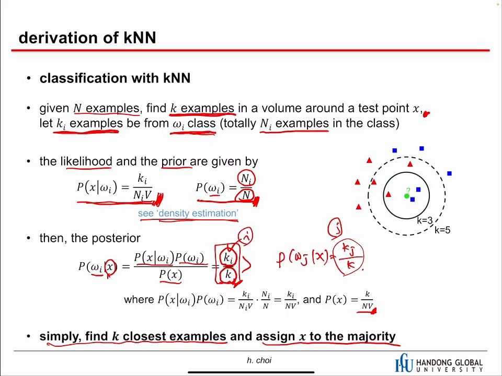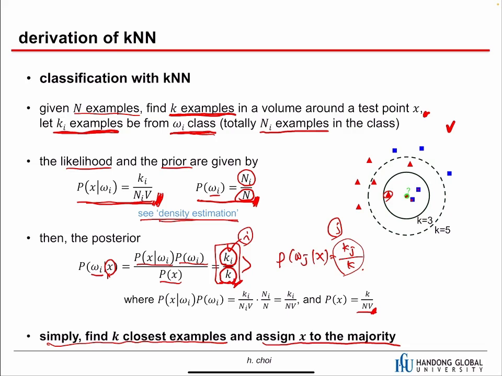Let's take a look at this example on the right side. When k is 3 and the green one is a new data sample, first we have to find the 3 neighbors: the closest one is this one, then this one, and this one. We have 2 blue samples and 1 red sample, so this one is classified to the blue class.